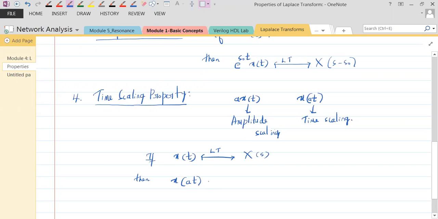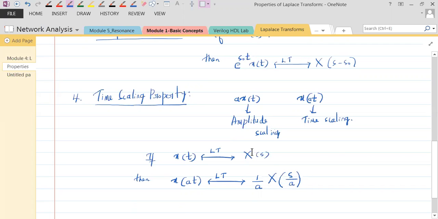What is the Laplace transform of the time scaled signal is what they're asking. What is it? If you have time scaling, then the Laplace transform would look like this: 1 by a times X of s by a. This is how it is going to look like.